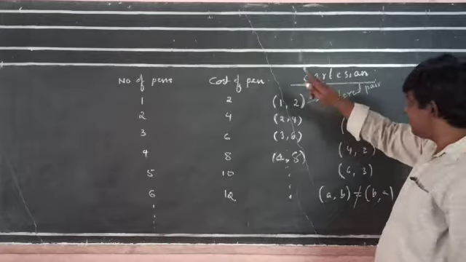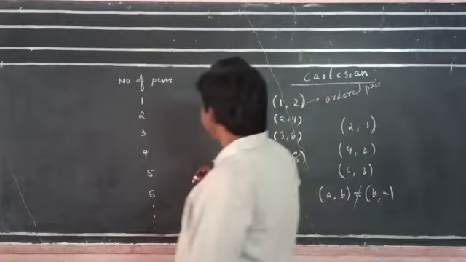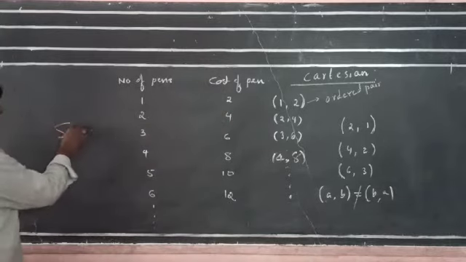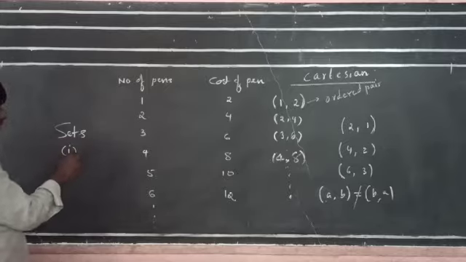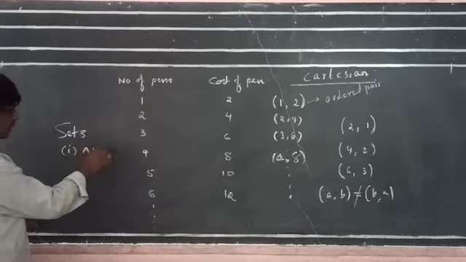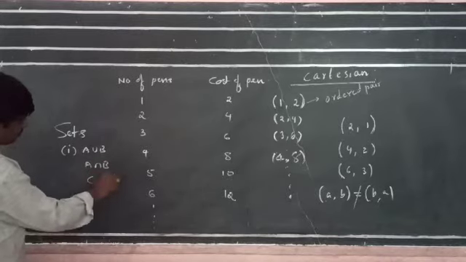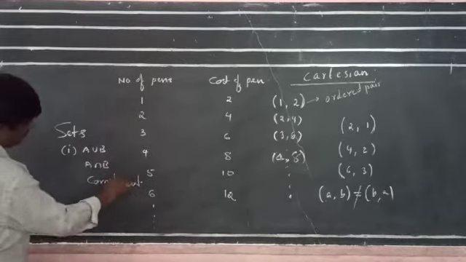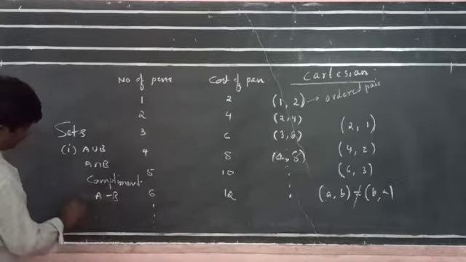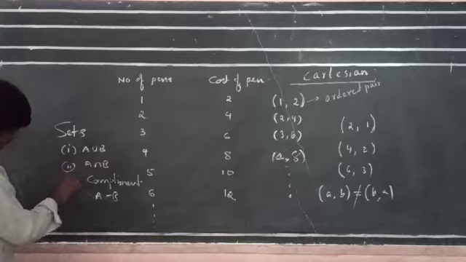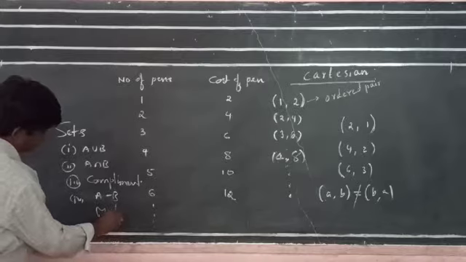Where did Cartesian work? Cartesian worked on improving set theory. In sets we have already discussed operations: A union B, A intersection B, complement of B, and difference, that means A minus B. Next one, multiplication of sets.